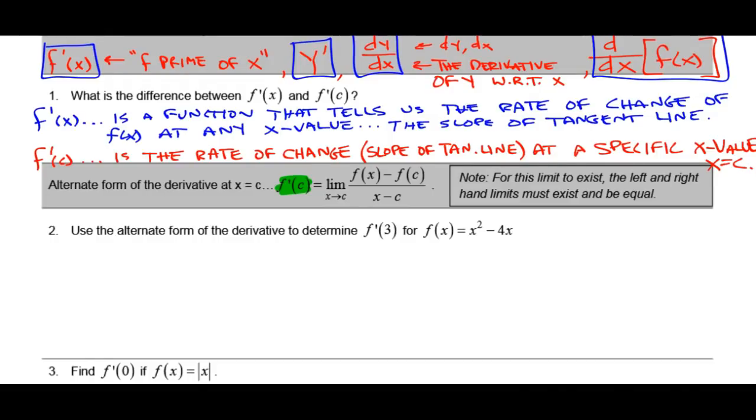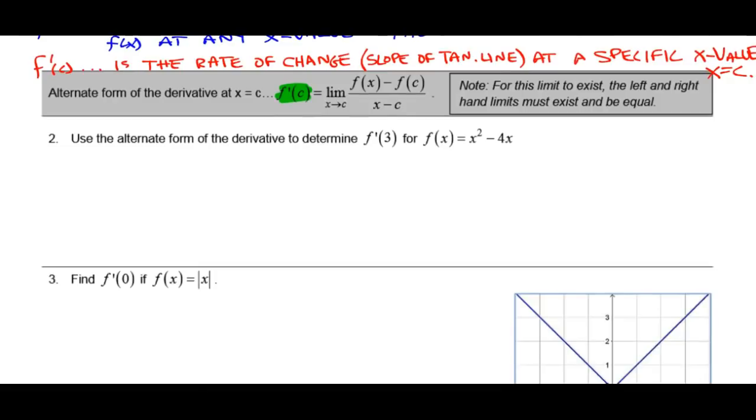Okay, let's apply that in question 2. So I asked you to use that alternate form of the derivative to determine f prime of 3. So notice, it doesn't ask you for f prime of x. We don't have to find the derivative of this function. All we have to do is find f prime of 3. So we're going to go ahead and look at that limit.